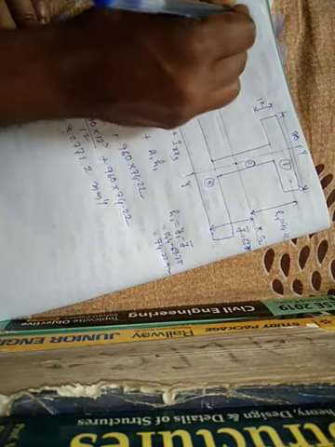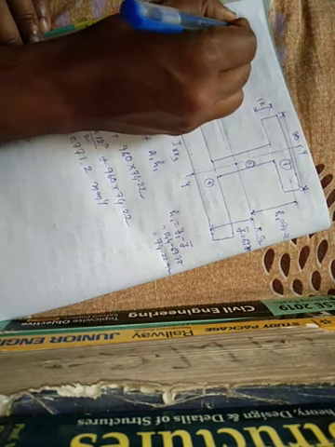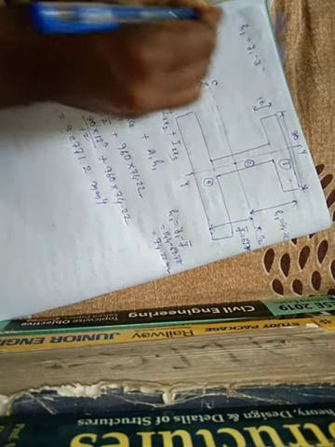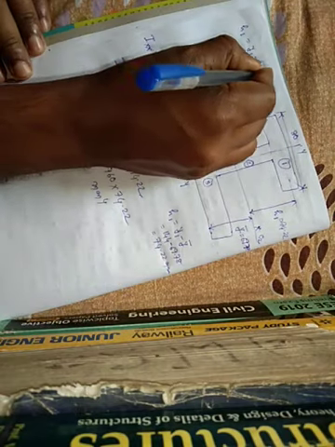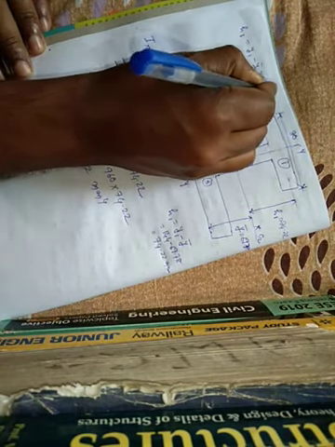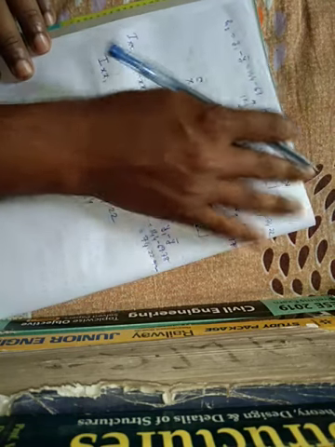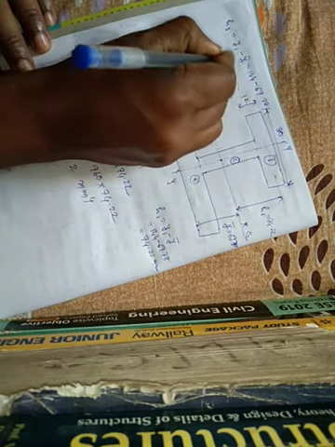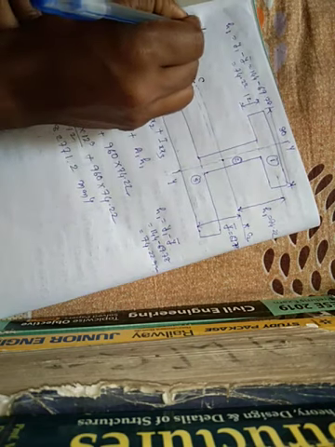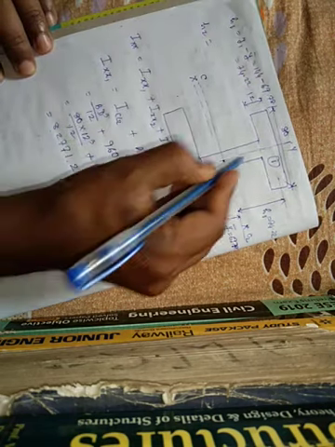Briefly, I have written H1 is equal to y1 minus y bar, which I calculated: 144 minus 69.78 is equal to 74.22. And H2 is equal to what?